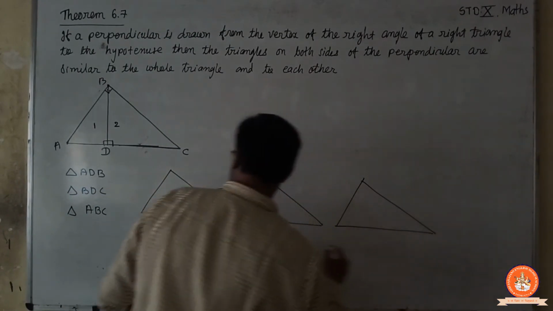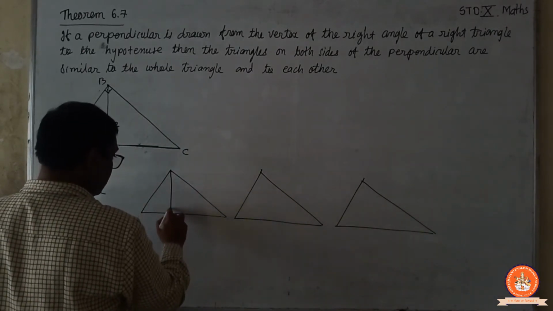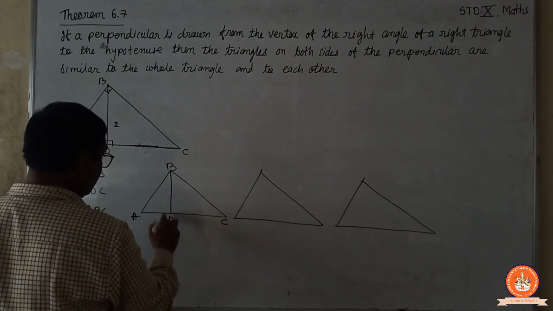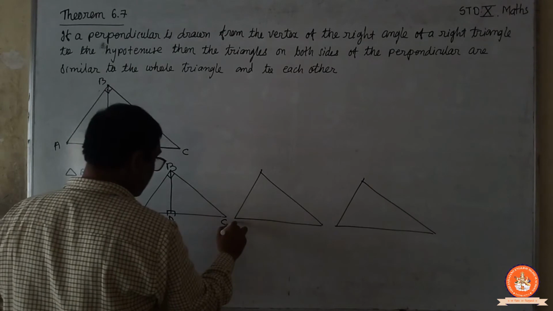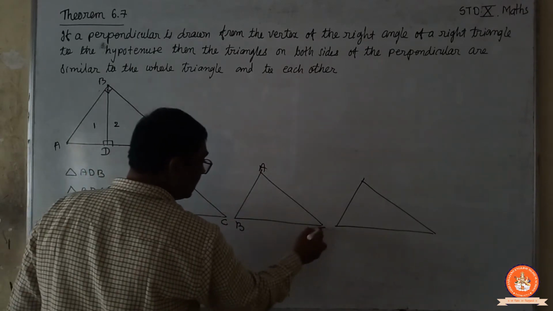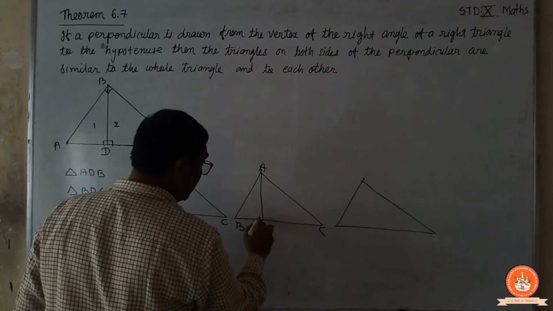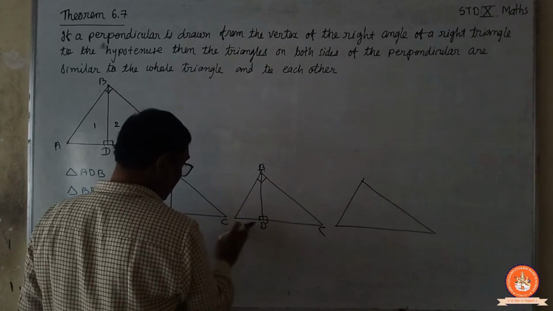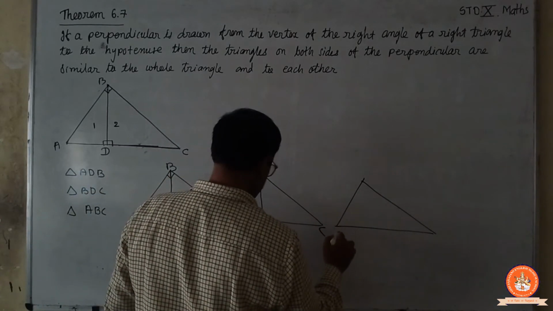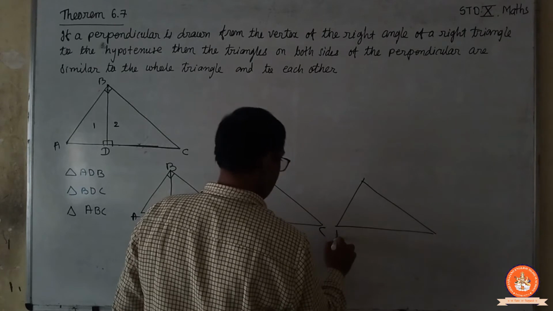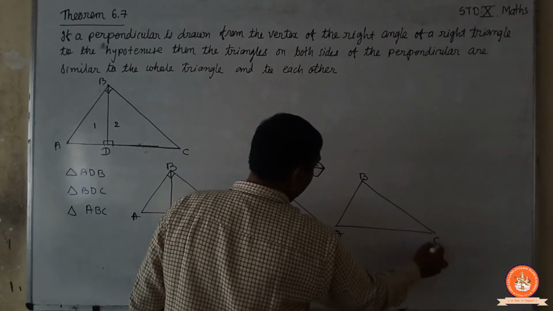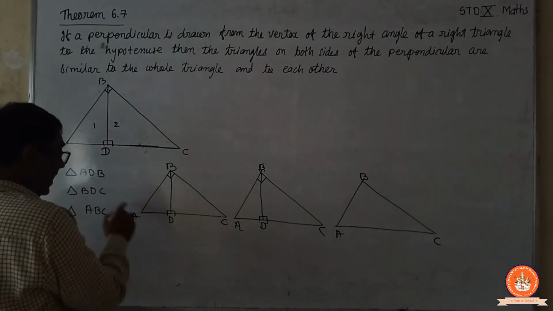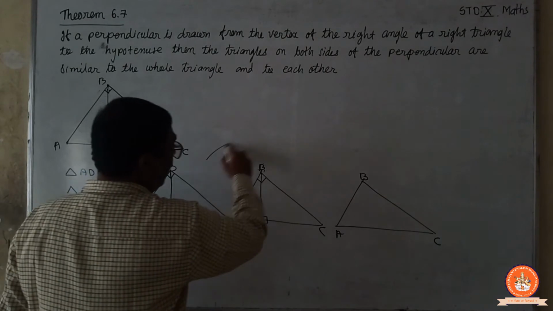We need to prove that, with A, B, C and D here. This is the right angle at B. Now my friends, we need to prove that triangle ADB is similar to triangle ABC.